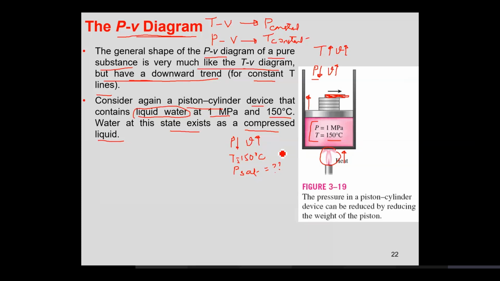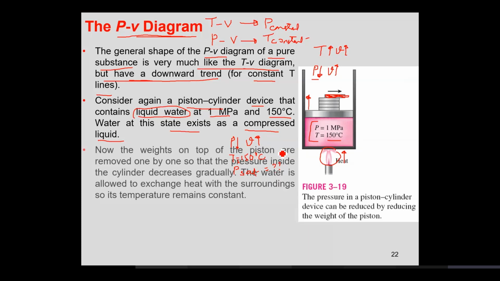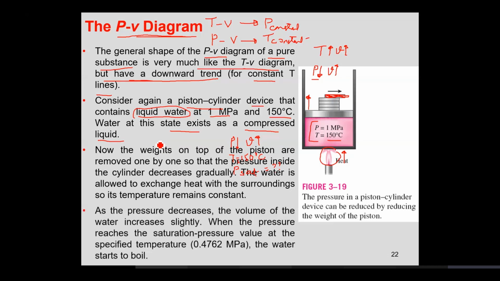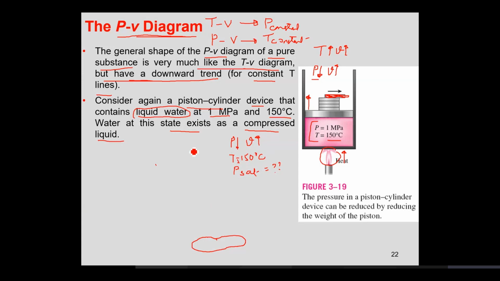So once you're decreasing the pressure and your pressure reaches the saturation pressure, let's say for your case the saturation pressure is 0.4762 megapascal. So you are decreasing the pressure from 1 megapascal to 0.4762 megapascal. As you have decreased, your specific volume has increased.